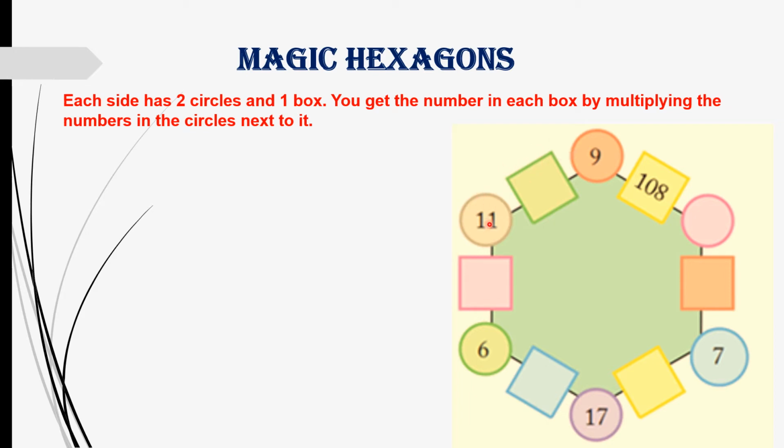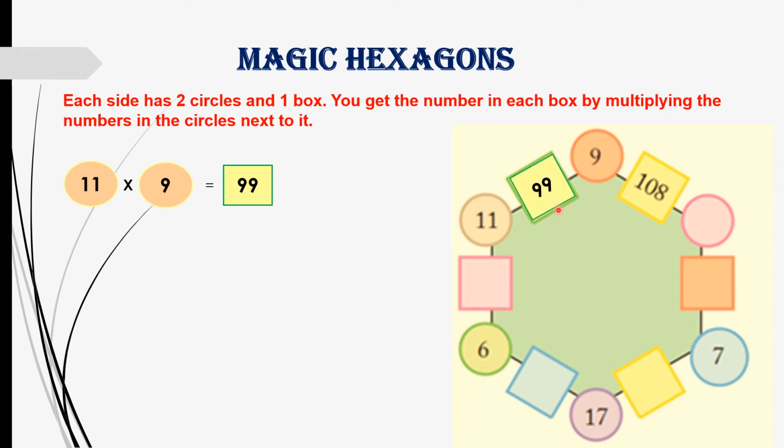Okay. Now, as you can see, I have to find the number in between 11 and 9. So 11 and 9 are written in circles and I want to find the number in the box. So I will multiply 11 and 9 and my answer is 99. So I am going to fill 99 in the box.